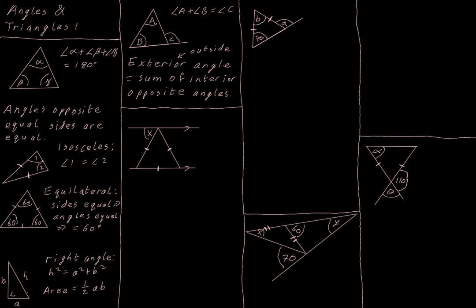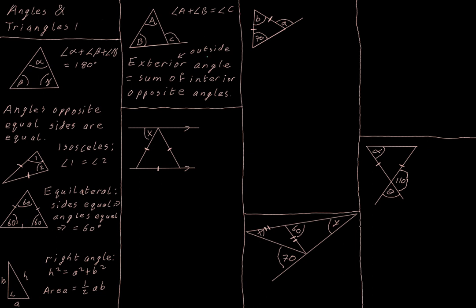So the hypotenuse squared, the side across from the right angle squared, is equal to the other two sides squared and added together. And we also know that the area would be half the base by the height. As I've labeled it here, we have a base and then the perpendicular height from that. So the perpendicular distance from our side A up to the far corner of the triangle would be B. So those are our rules for that.